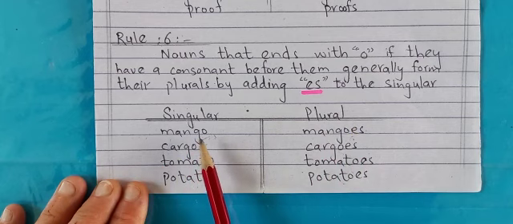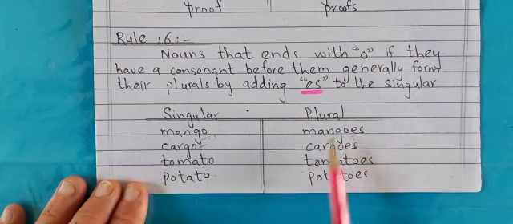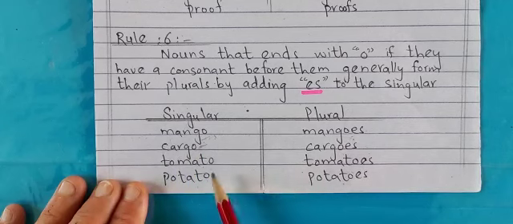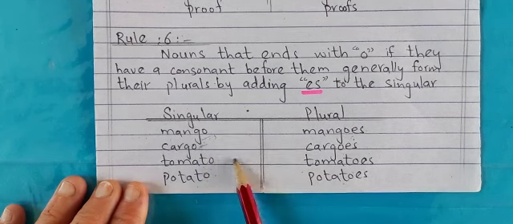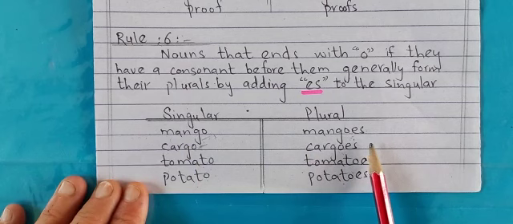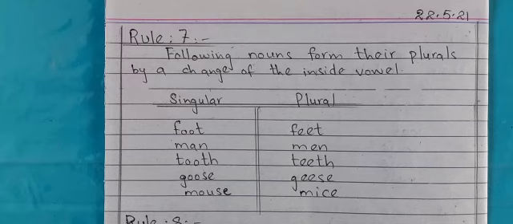Suppose I have written here mango, mangoes, because G is a consonant. Cargo, cargoes, because G is a consonant. Tomato, tomatoes, T is a consonant. Potato, potatoes, T is a consonant. So the words which end with O but there is a consonant before O, you just have to put es in the end of those words to make them plural.